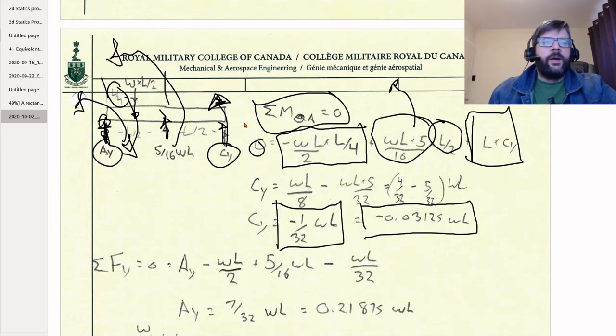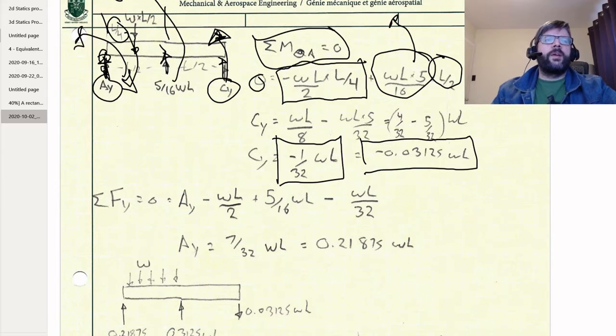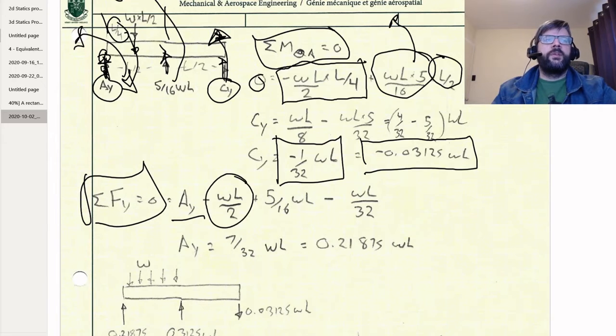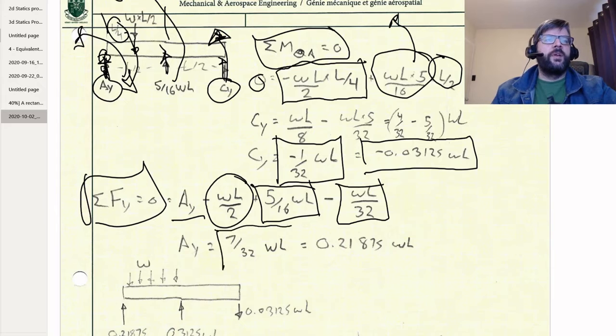From there, we can solve for AY by taking the sum of the forces in the y direction. That's AY minus our load, so minus WL over 2, plus 5/16 WL minus 1/32 WL. That gives us a value for AY of 7 over 32 WL, or 0.21875 WL.